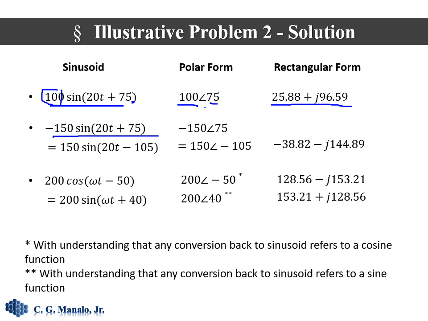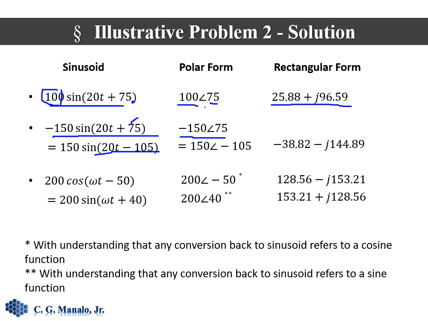Now for the second sinusoid, we can write it immediately as this one in polar form. So bringing in the negative sign there, we could also get rid of the negative sign by, say, adding 180 degrees to 75, and that should give us this one.